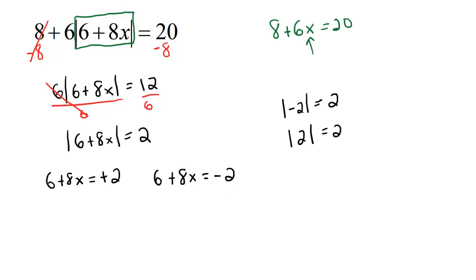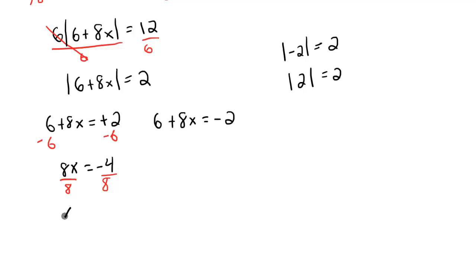We want to subtract everything by 6, so that leaves us with 8x equaling 2 minus 6, which is negative 4, and then we want to divide out the multiplication of 8, so divide out 8 over here. So then x will be equal to negative 4 divided by 8. That reduces to negative 1/2.